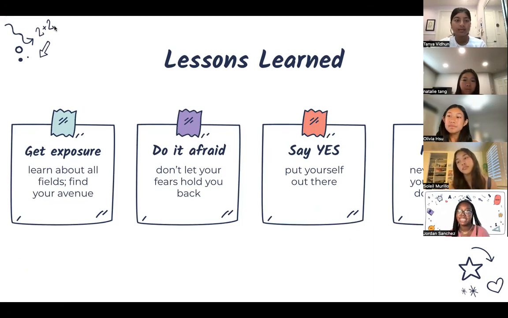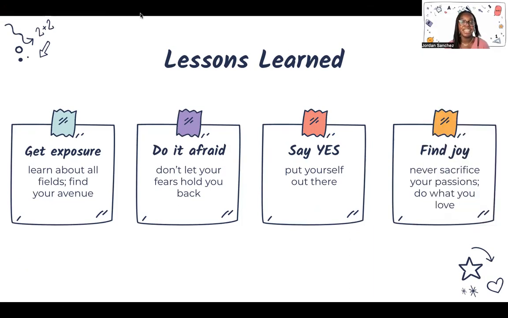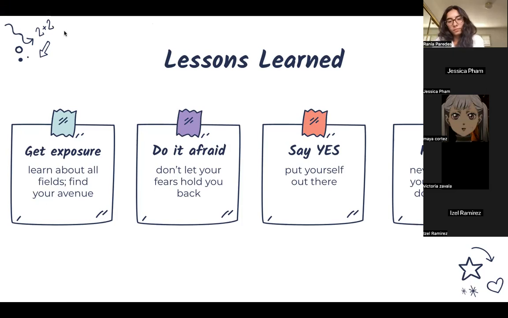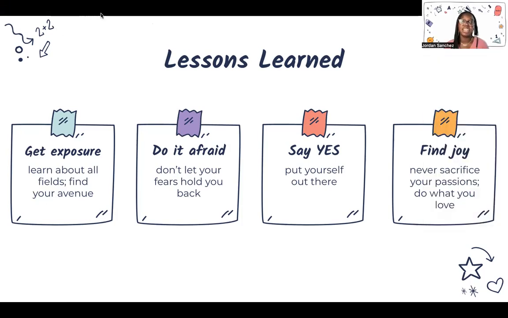I didn't know physics existed until 11th grade, which is fine, but I didn't learn anything about coding until maybe my sophomore year of college. I know that's changing now, with a lot more programs exposing young girls to STEM. Shout out to Angela, because I wish I knew how to code at a younger age. Please do all that you can to learn about as many fields as possible. There are so many different ways to find your avenue.